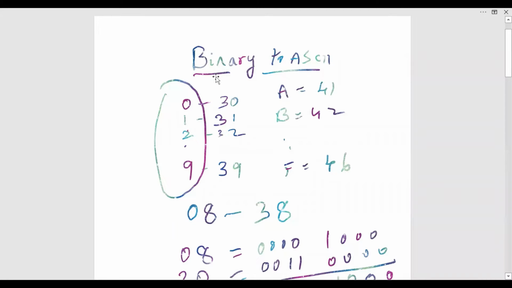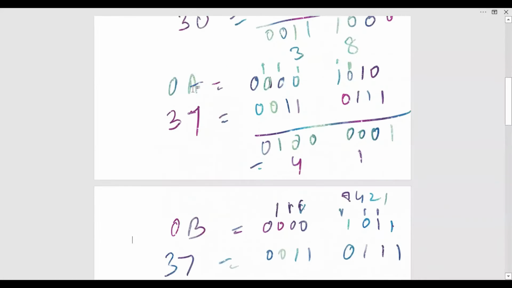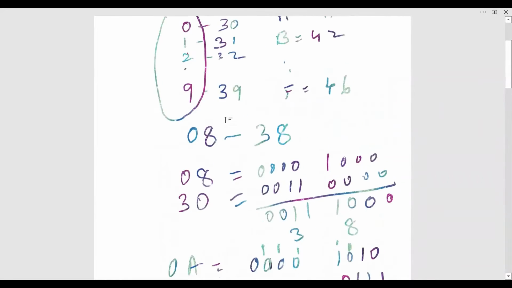Because we are considering here hexadecimal numbers instead of binary, because binary we can represent in hexa, and 8085 performs operations only on hexadecimal numbers. So instead of giving the binary number directly, we are giving its hexa equivalent and then converting it into an ASCII value. So always we have to give input as hexadecimal numbers only.